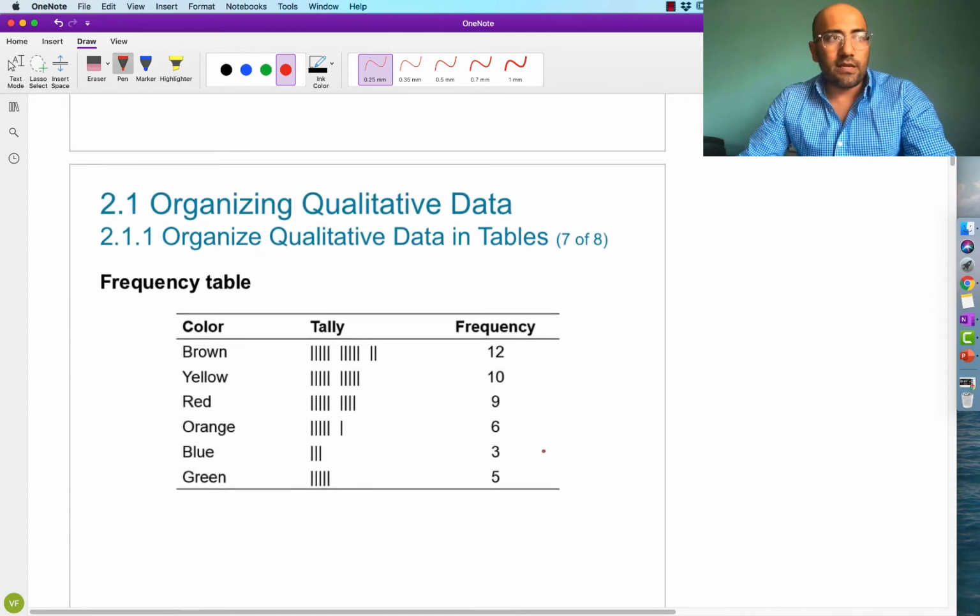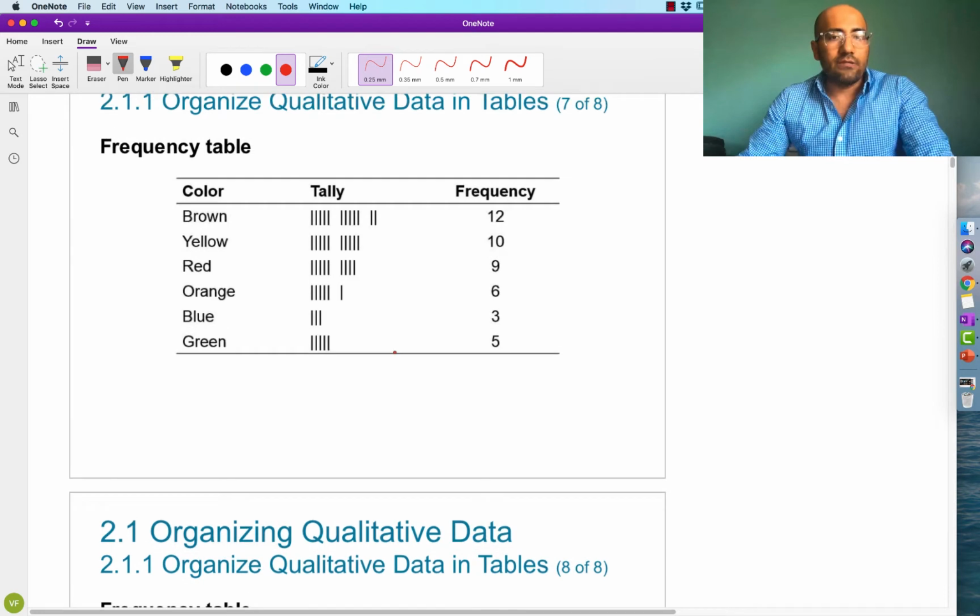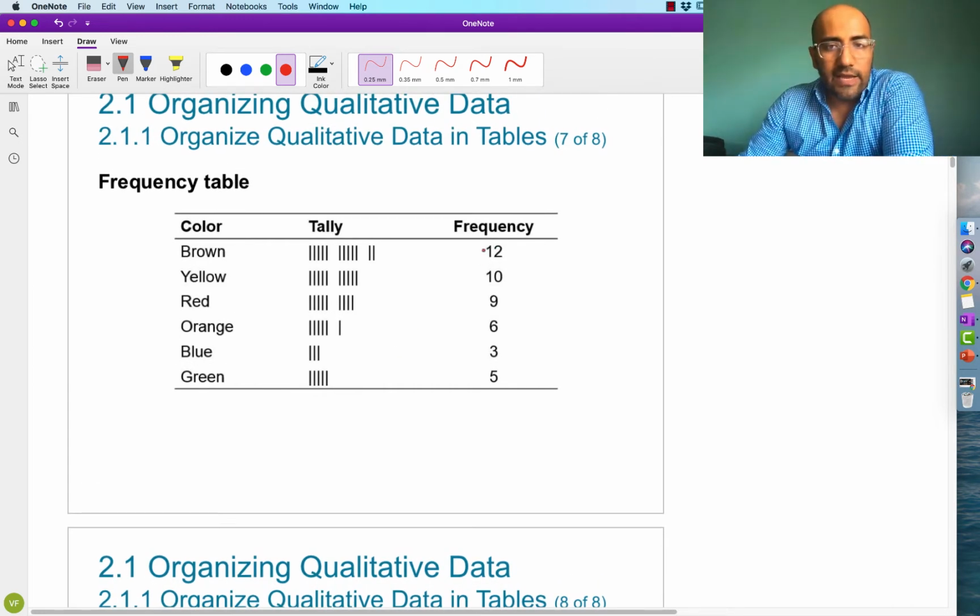Okay, so for example, back to our table, we have brown, yellow, red, orange, blue, and green. Good. And we had our results. Okay, so let's ignore this part here. We had our frequencies. So there were 12 brown ones, 10 yellow, 9 red, 6 orange, 3 blue, 5 green.